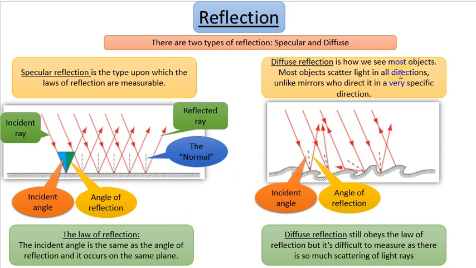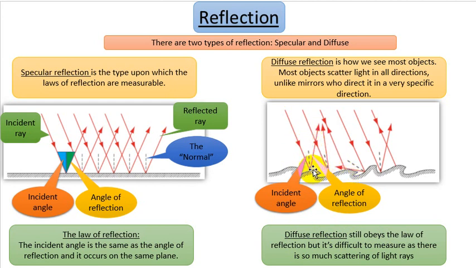Next, diffuse reflection, guys. Diffuse reflection occurs when light rays are incident on irregular, rough surfaces. Diffuse reflection also obeys the law of reflection. It means that the angle of incidence is equal to the angle of reflection, but the reflected angles are difficult to measure. Why?